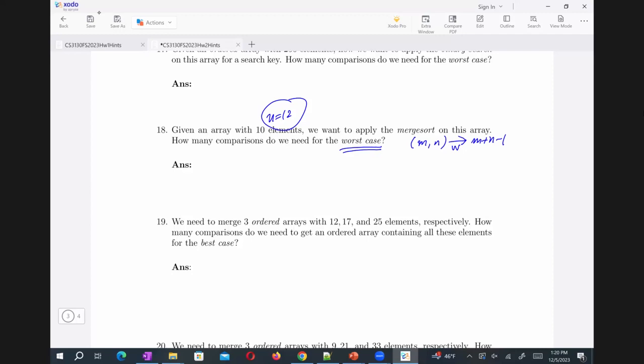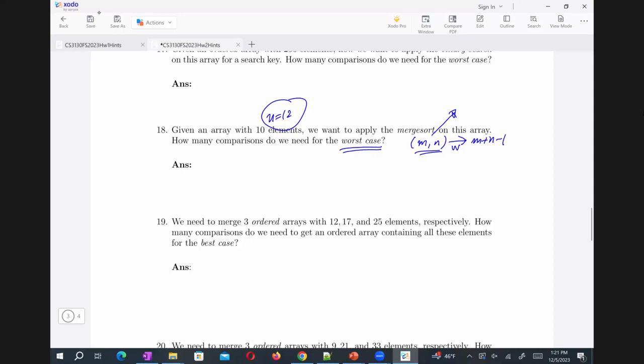Here I need to use some simple notations. Look at this. This means we merge two ordered arrays, the first one with m elements, the second one with n elements. So here is the worst case formula.